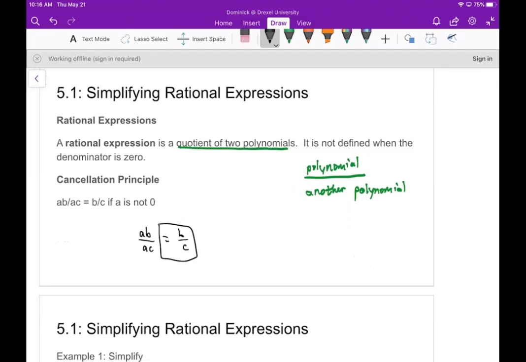We think of it more as something like if we have, say, 6/8, and we know that we can divide the top and the bottom by 2, we get 3/4. What you're really doing there is thinking of 6 as 3 times 2, and thinking of 8 as 4 times 2. And then at that point, you can cancel the 2's out, and you're left with 3/4. So that's the idea that we're going to use to simplify a rational expression.